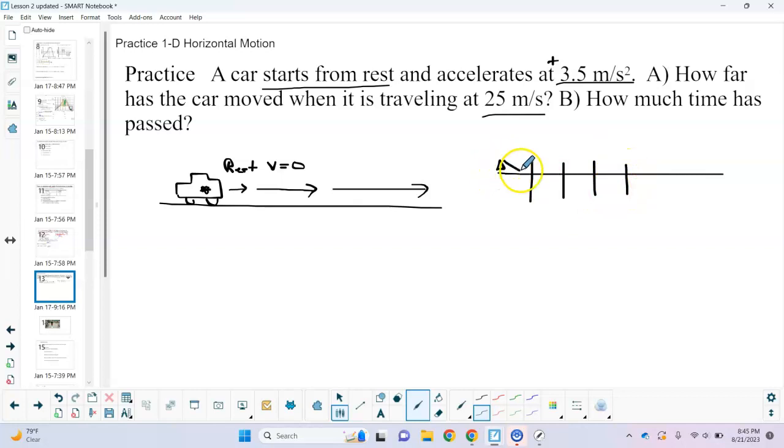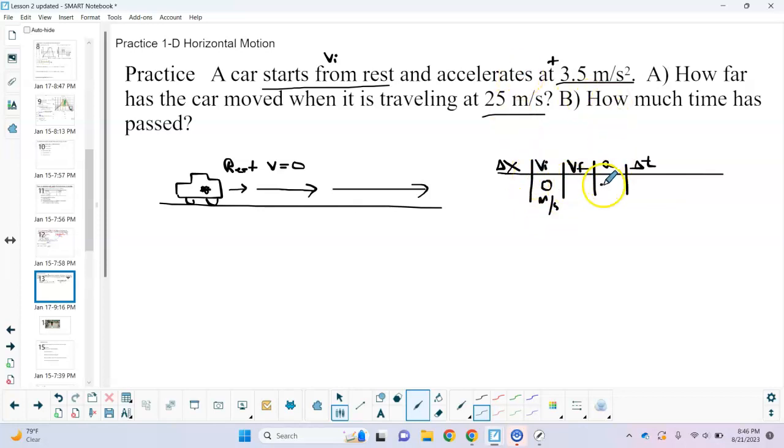Again, it's just the same 5 variables: delta x, vi, vf, a, and t. So filling in these things, it starts from rest, so that's the initial. So vi is going to be 0. Again, velocity is meters per second.